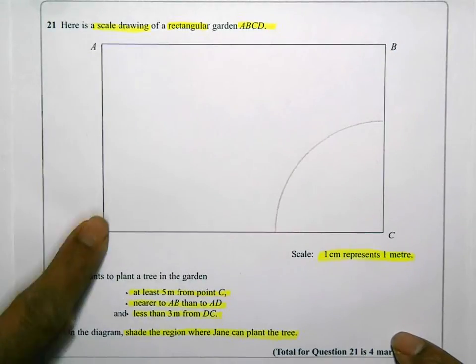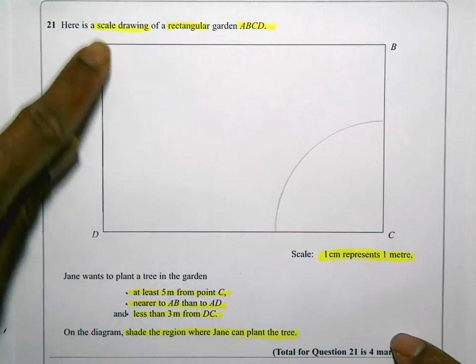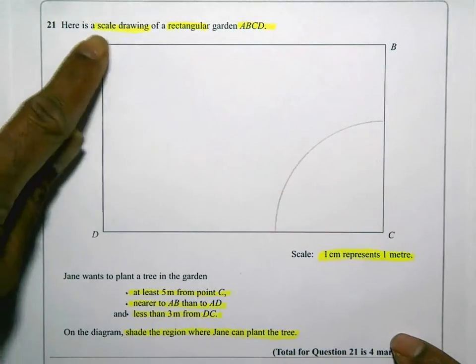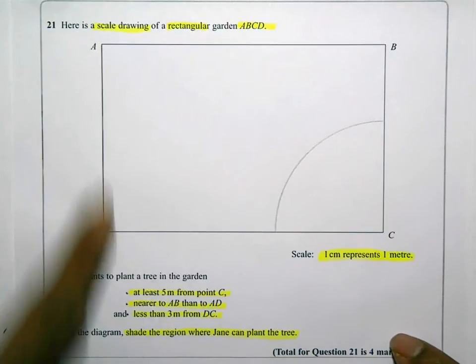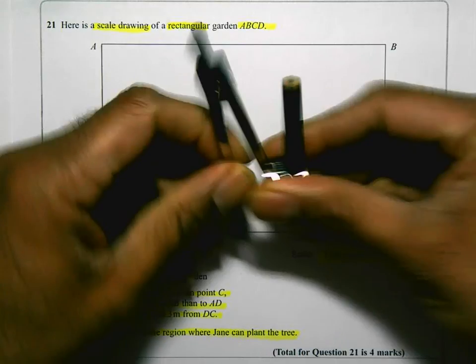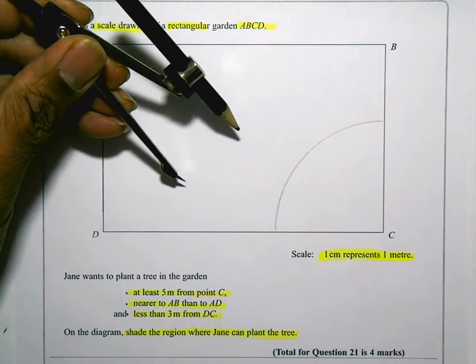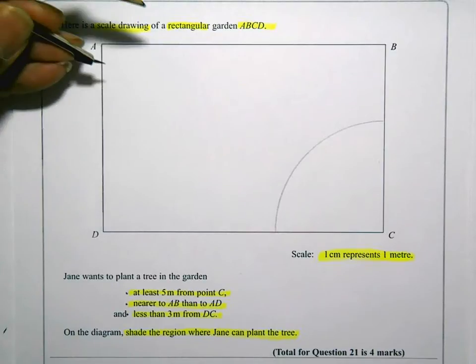So what I need to do is do an angle bisector to find all the points which are equidistant from AB and AD. And to construct the angle bisector, open the compass to a decent size, right, and keep it at this size throughout the construction.